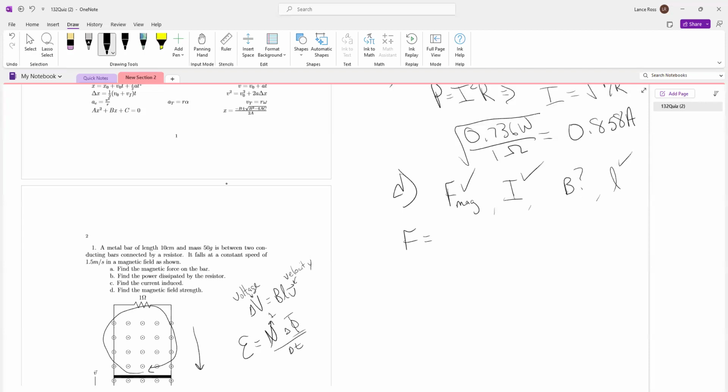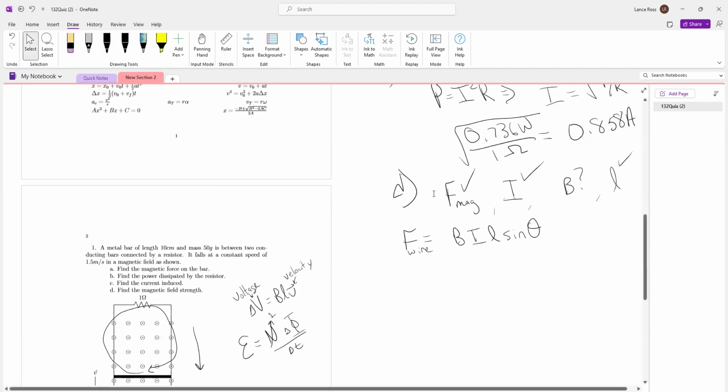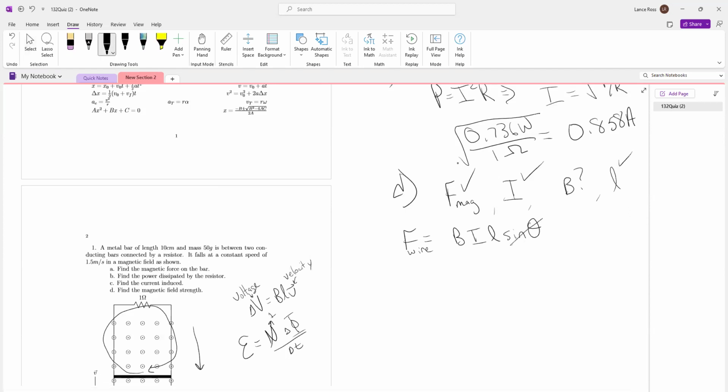We can use that equation. Our magnetic force on a wire is B times the current times the length of the wire times the sine of the angle between the field and the normal to the direction of the current. The direction of the current in this case is in the plane of the page, so the field's perpendicular. So sine theta is 1. We're solving for B, so B will be the force divided by the current times the length of the wire.